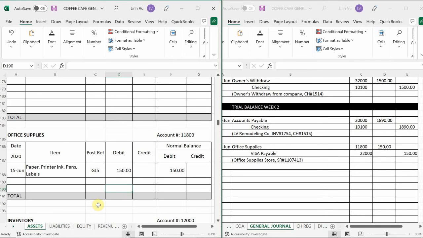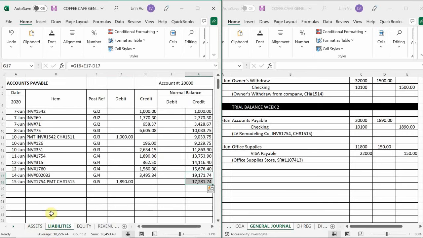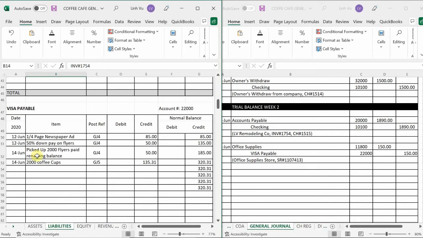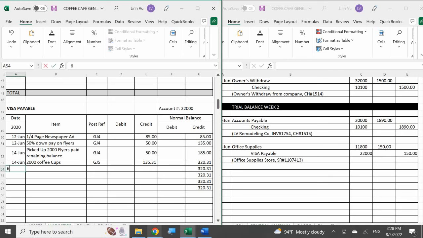And then now we need to move on to the liability on the ledger under the Visa payable. Is it better to list all of it, or can we just say office supplies? You can just say office supplies. Okay.